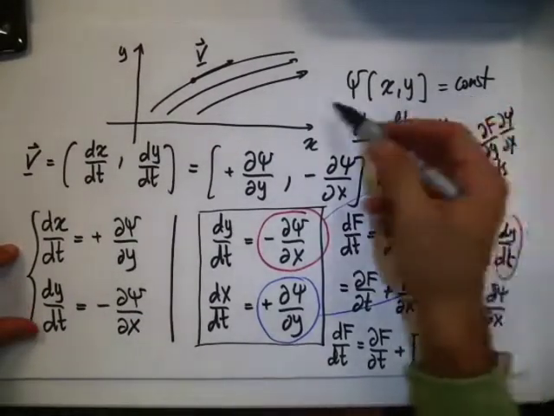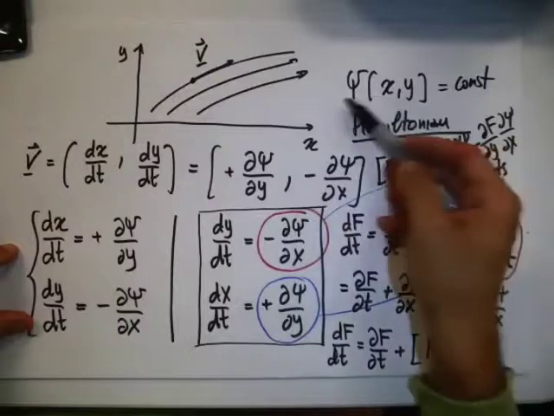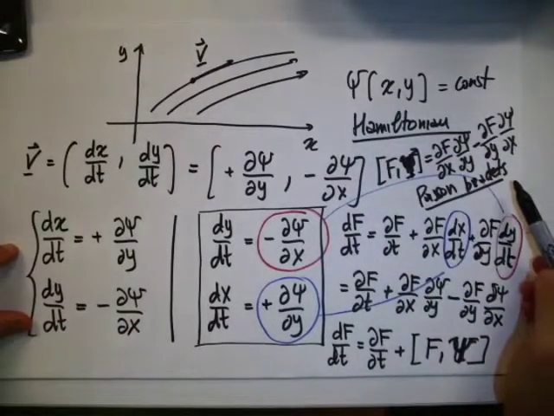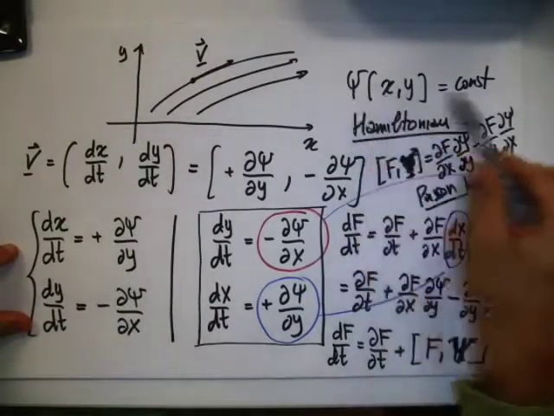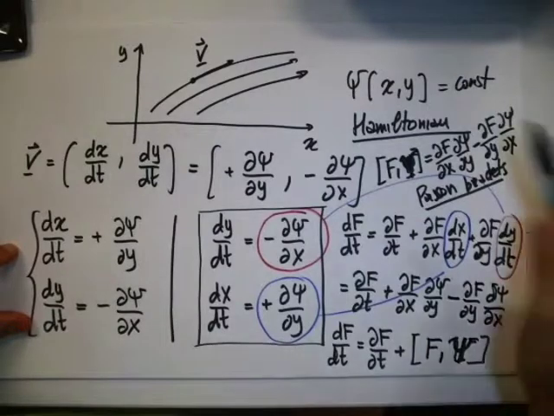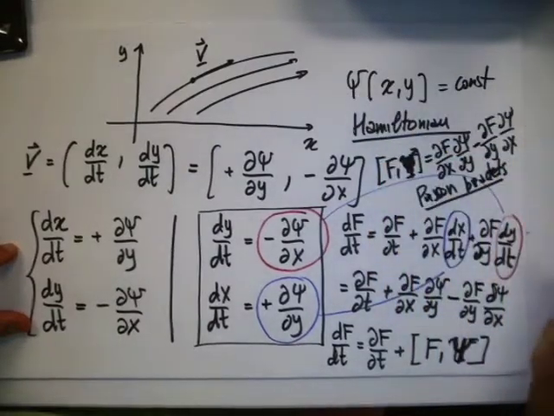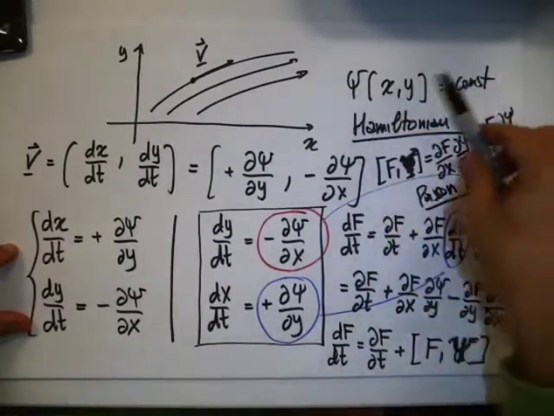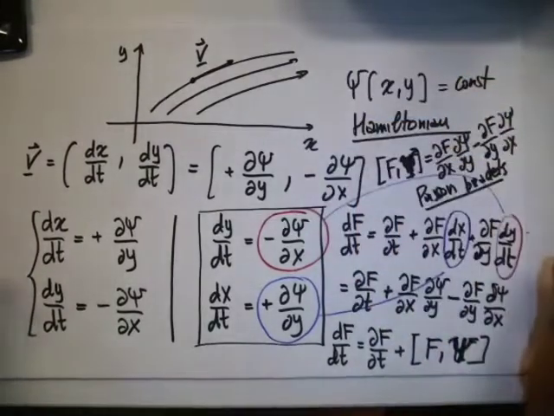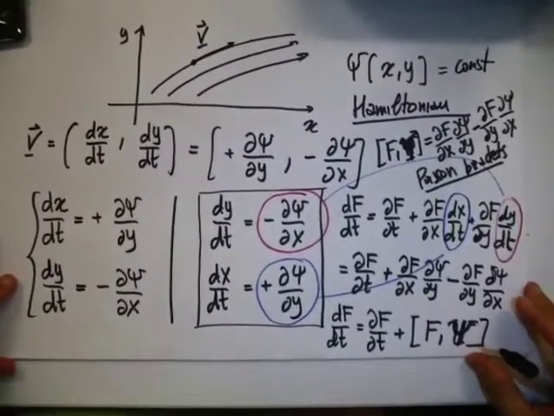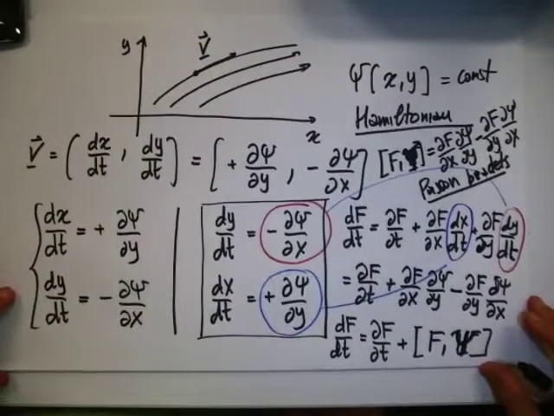Which, I mean, we know that the fluid particle trajectories lie basically on these surfaces given by the constancy of the stream function.